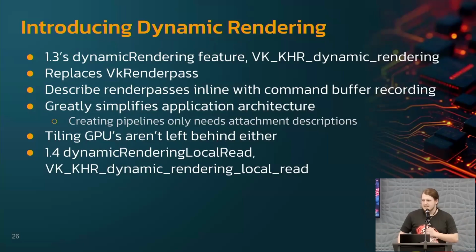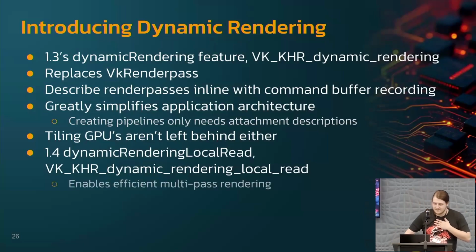Is there an emulation library for dynamic rendering using render passes on old hardware? I'd love for that to be a thing, because then you can just say, here's my library, it does it for you. But maybe that's something I should write. Who knows what the future holds?